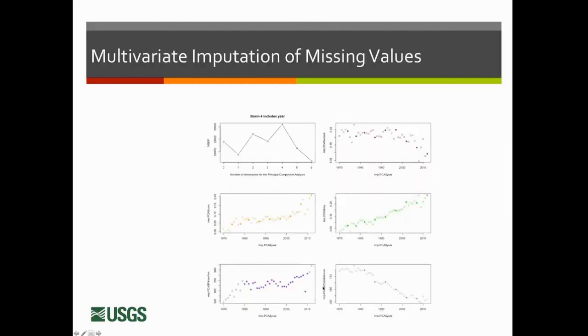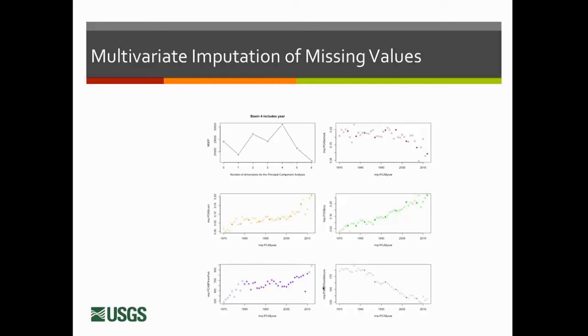Where I think PCA can be very useful is the imputation of missing values. Oftentimes in our explanatory data, we have some missing observations, and sometimes we need to estimate those missing observations. Sometimes people will do a linear interpolation to fill in those missing values, which greatly underestimates the variance in the data.